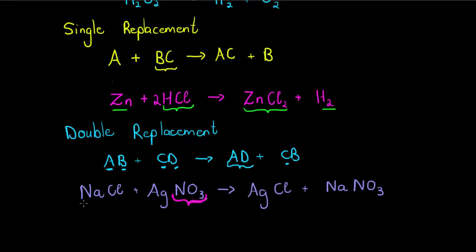Notice how the sodium replaces the silver to become sodium nitrate instead of silver nitrate, and the silver replaces the sodium to become silver chloride instead of sodium chloride. We have a double replacement in this case.